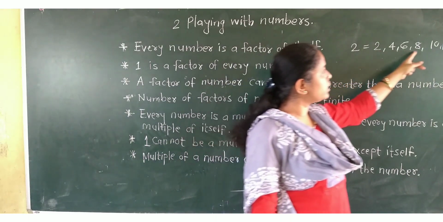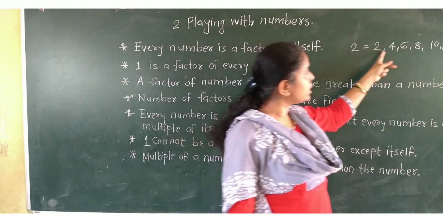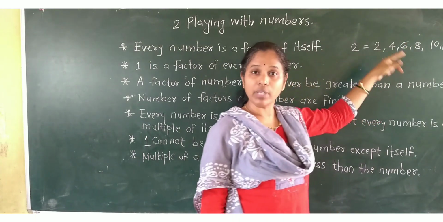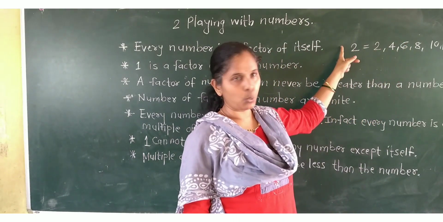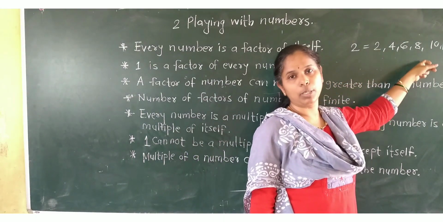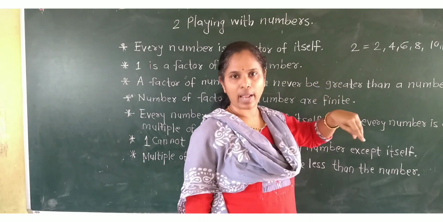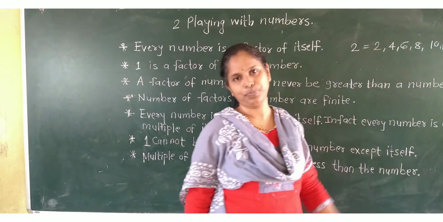Means see, these numbers come in the table of 2 and these numbers are divisible by 2, means we can divide these numbers by 2. So these numbers are called multiples of 2, whereas 2 is called a factor of these numbers.